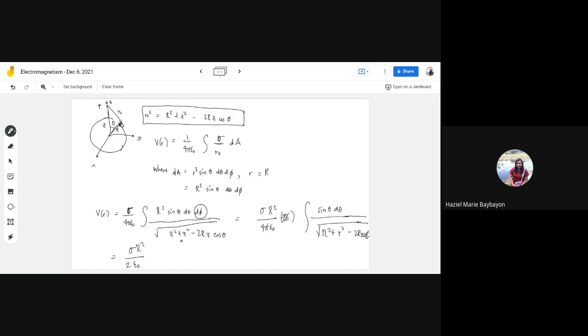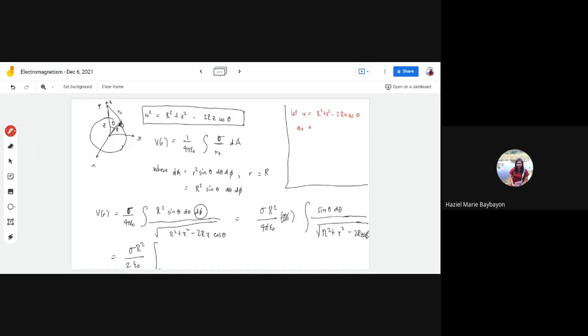Okay, and then for the integrand, we let u be equal to what is inside: r squared plus z squared minus 2rz cosine theta.